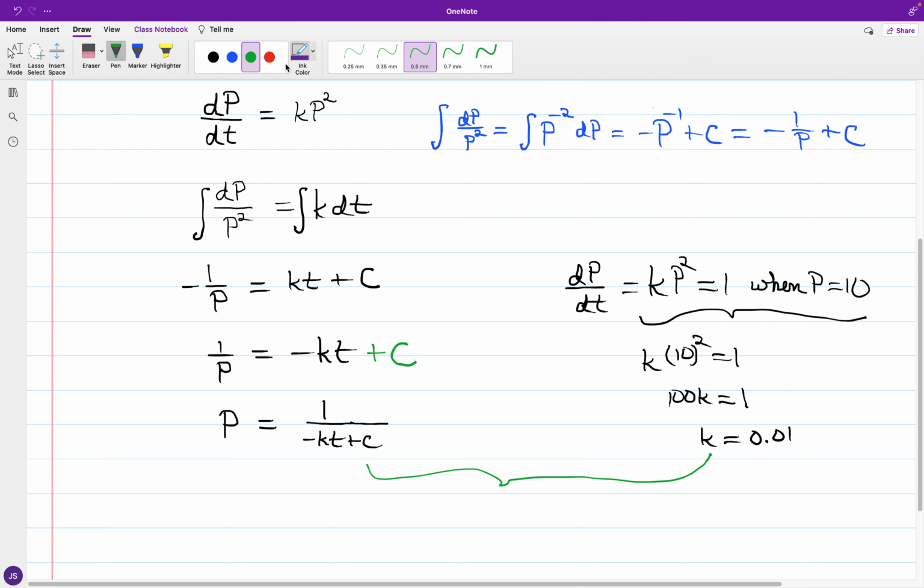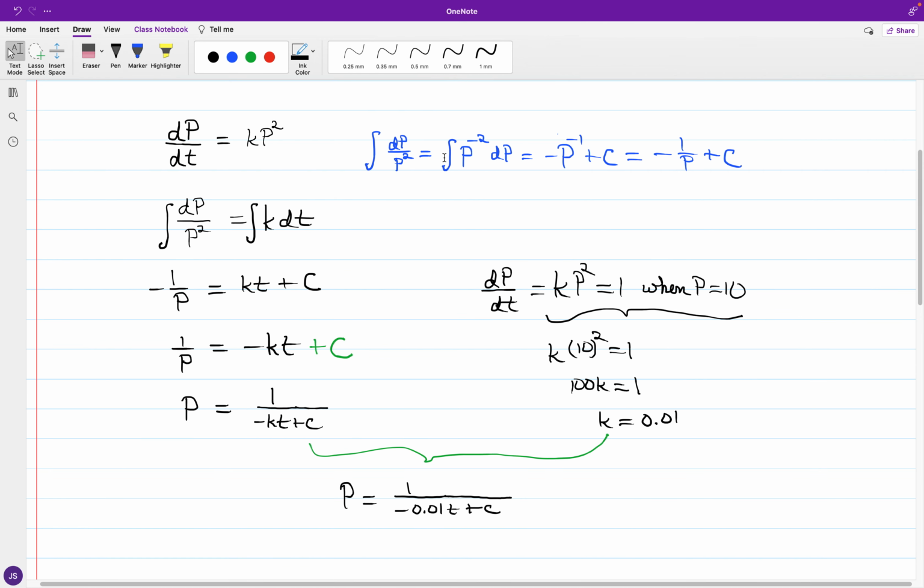And putting it all together, we're going to have that p is equal to 1 over negative 0.01t followed by the constant.